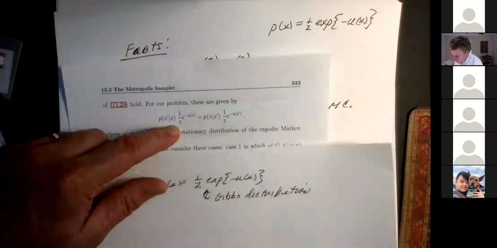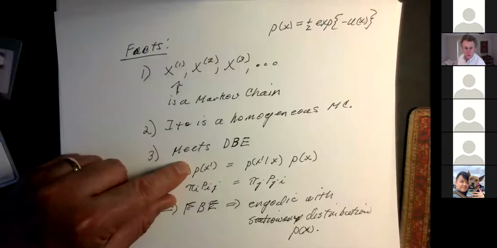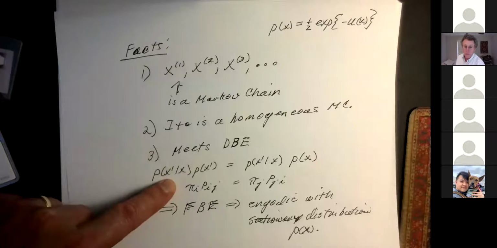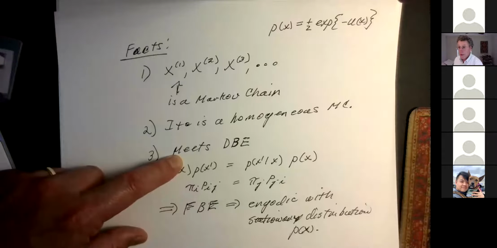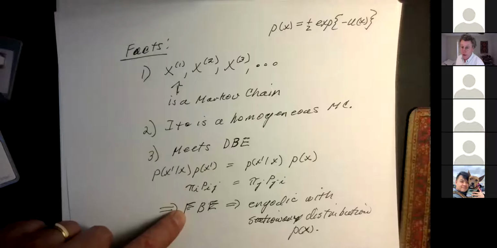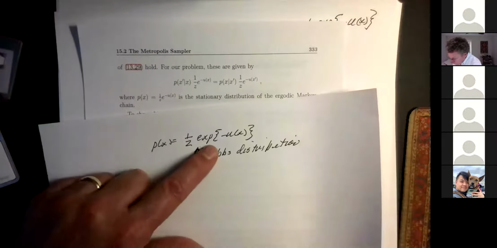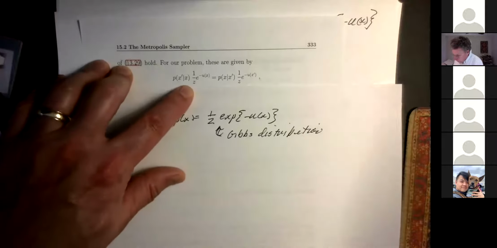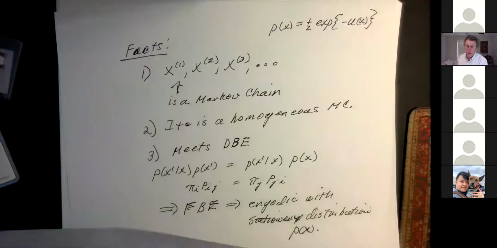If a Markov chain meets the detailed balance equations, what does that tell you about the Markov chain? It tells you that it's reversible, okay? It also tells you that the full balance equations hold, and it tells you that whatever this function is that solved this detailed balance equation, that it's the ergodic distribution of the stationary Markov chain, okay?